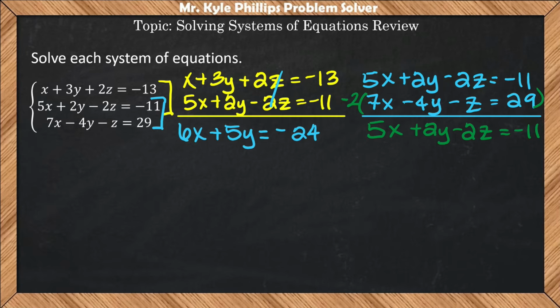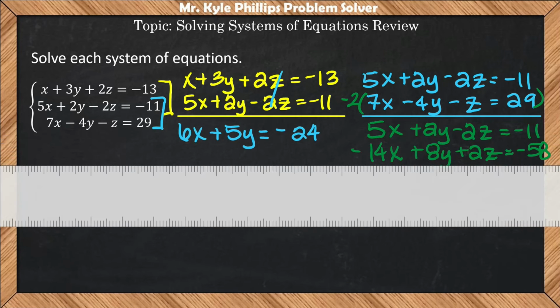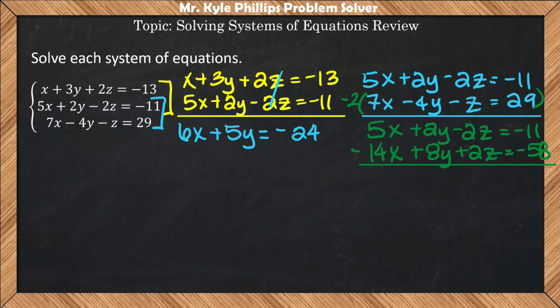And then on the bottom we're going to have negative 14x plus 8y plus 2z equals negative 58. So once we do this, our z's are going to eliminate here. And when we add 5 and negative 14, we get negative 9x plus 10y equals negative 69.